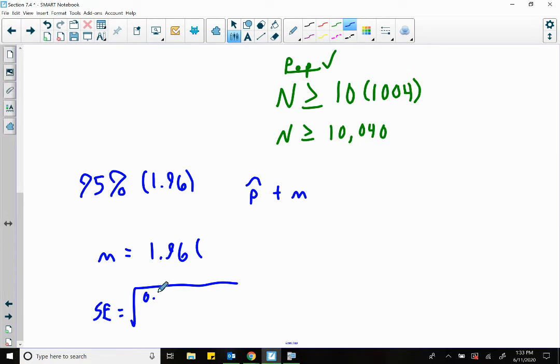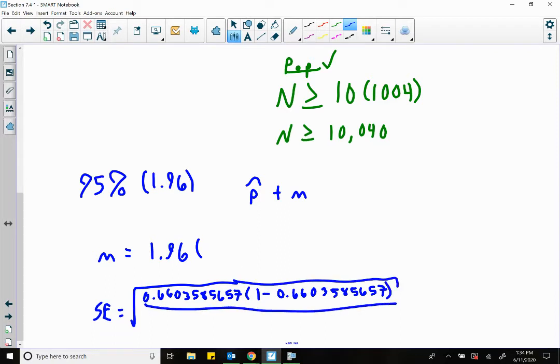So this is 0.6603585657 times 1 minus 0.6603585657, and all of that is over the total number of people we had, 1,004.